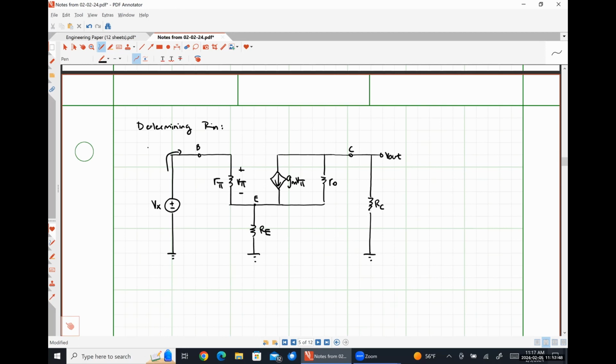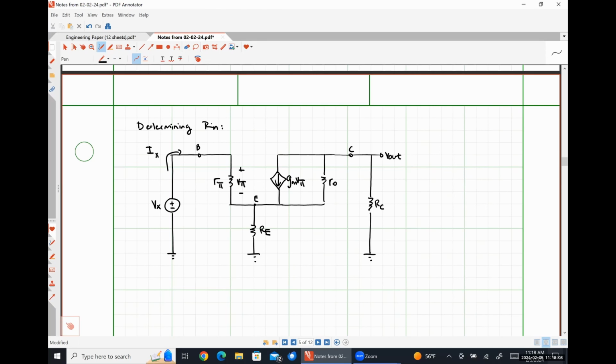And our ultimate goal here is to determine the ratio. I'm calling that IN, but let's call it IX just so that we're using the same subscript on both sides, right? So we're trying to find out what the ratio of Vx over Ix is, because that will by definition be our input resistance.